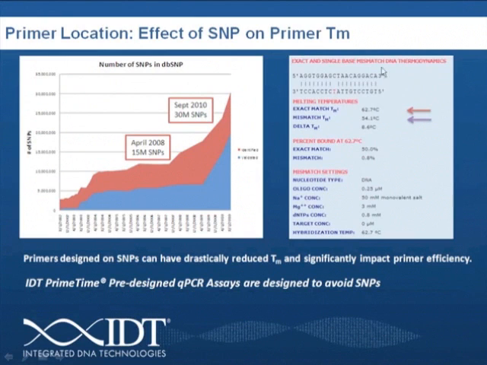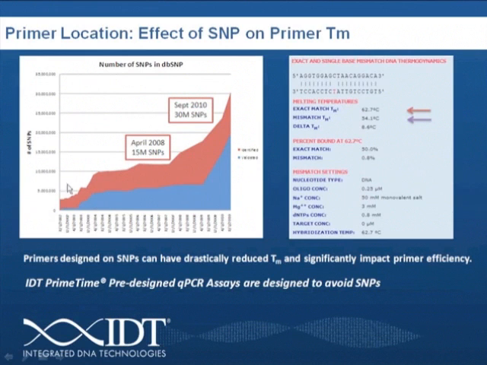Why is this important? Well, if your primer is designed on a SNP site, it can have a significant effect on primer TM. If you see the exact match TM of this primer is 62. However, if that primer was located on a SNP site, that TM will drop to 54. This can have a significant impact on primer efficiency.